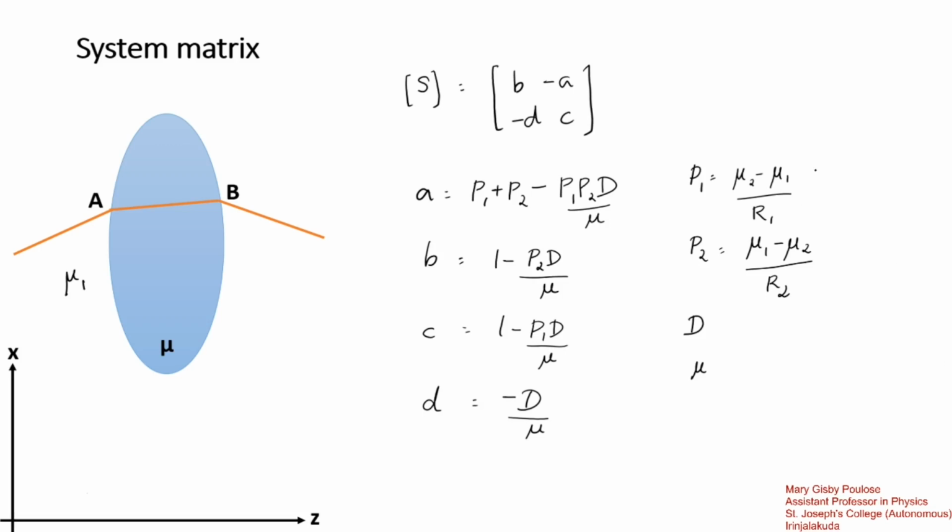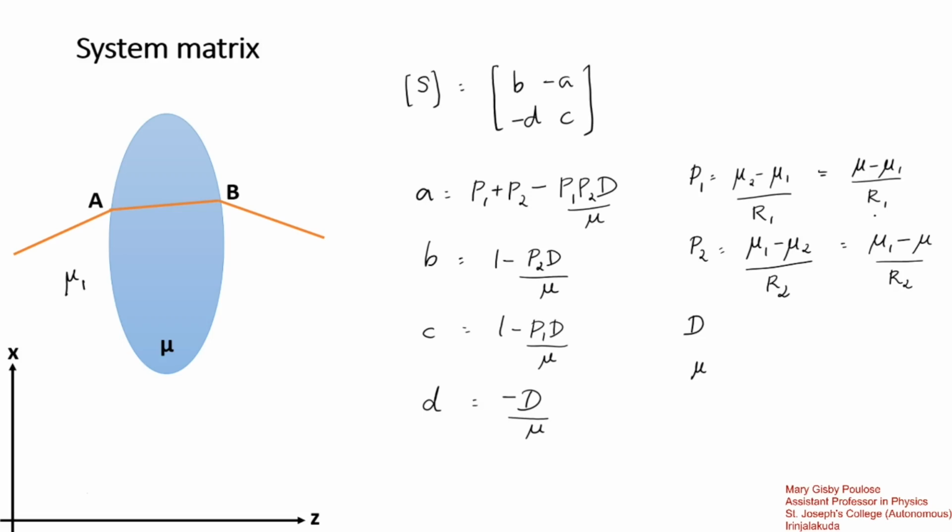So while doing problems, this will be substituted as mu2 minus mu1 by R1 becomes mu minus mu1 by R1. Okay. And P2 becomes, yes, mu1 minus mu by R2. Again, while doing problems, you should use lens convention while substituting values for R1 and R2.